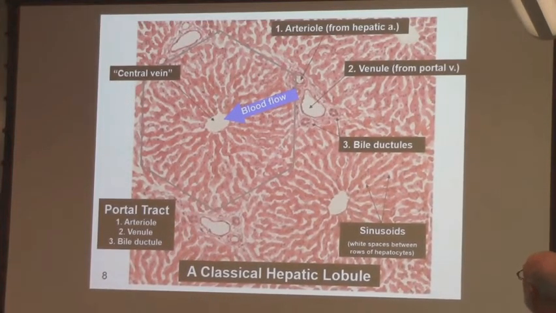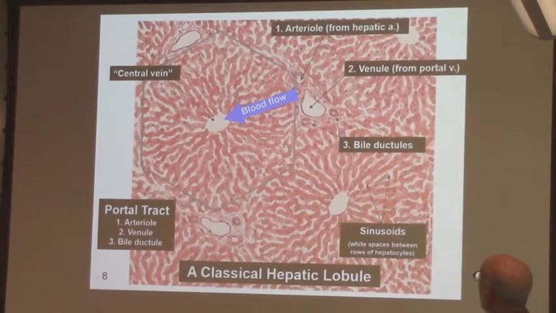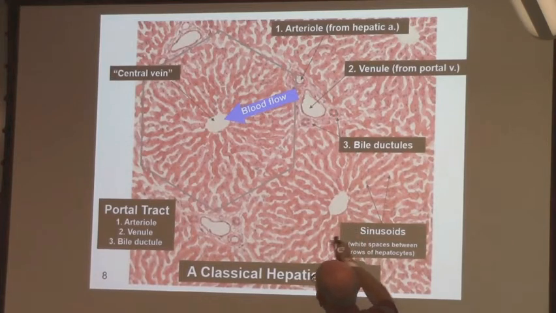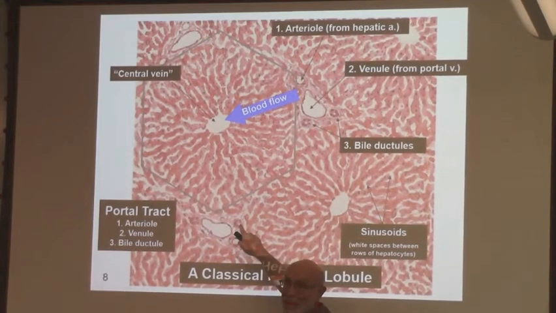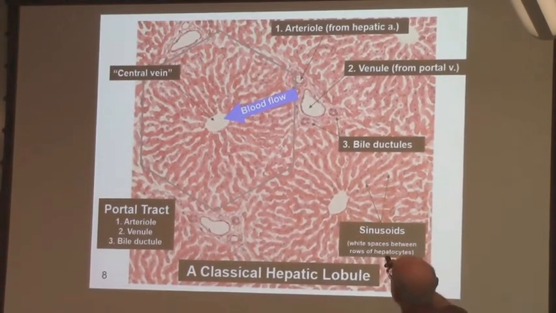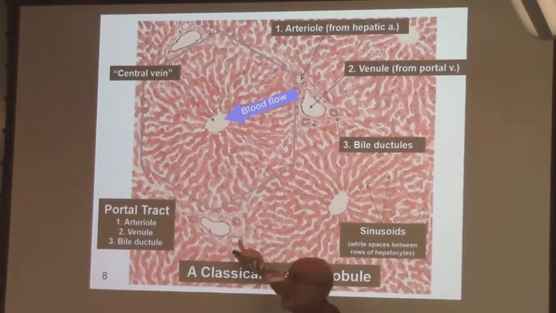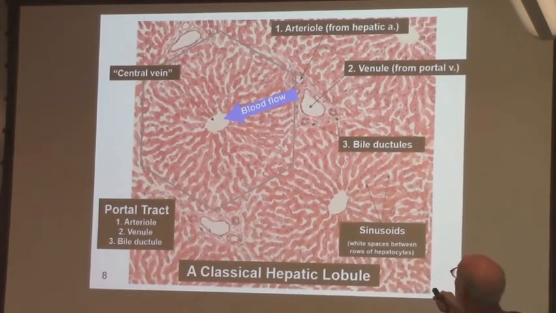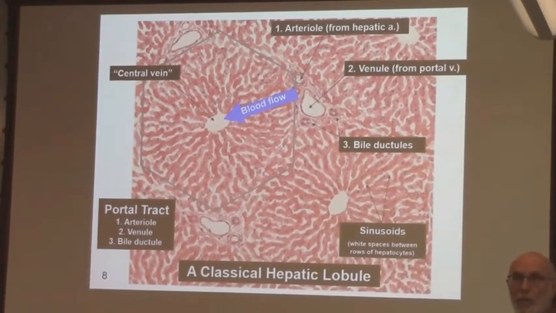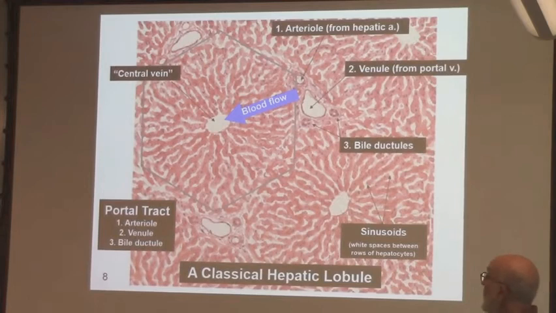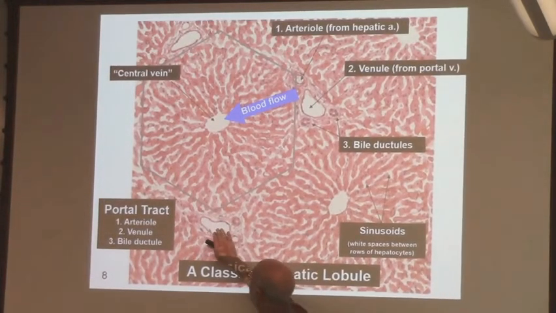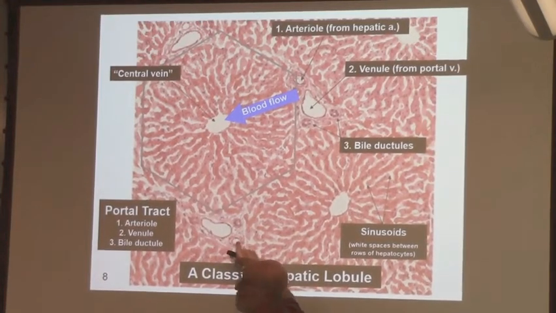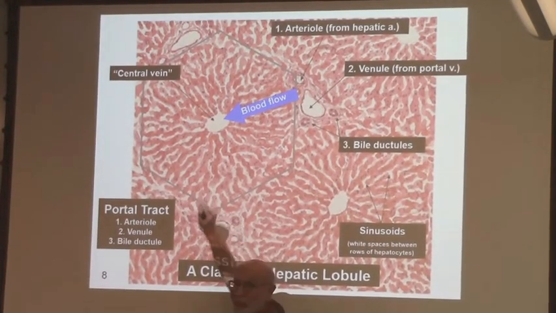Well, actually now I can, because this is labeled. So if these are bile ductules, then so is this. And if this is an arteriole, then so is this. Right? And this is a branch of a venule from the portal vein. So this is what's providing venous blood that's going to percolate through this lobule. This is what's providing arterial blood that's going to percolate through this lobule.